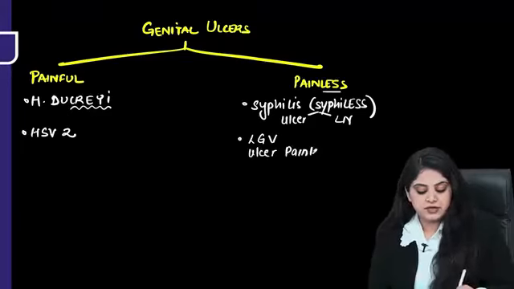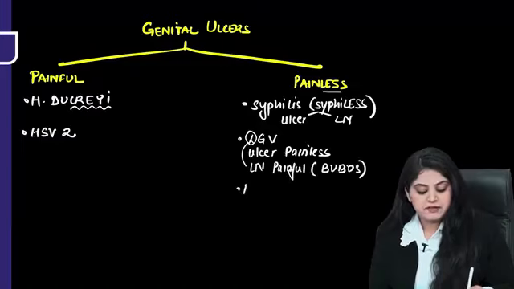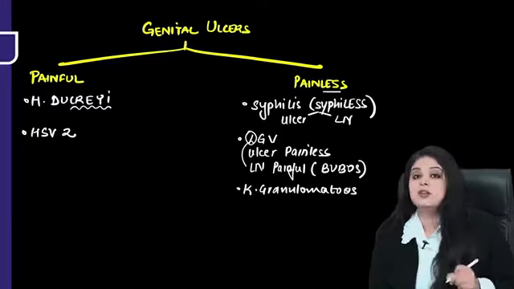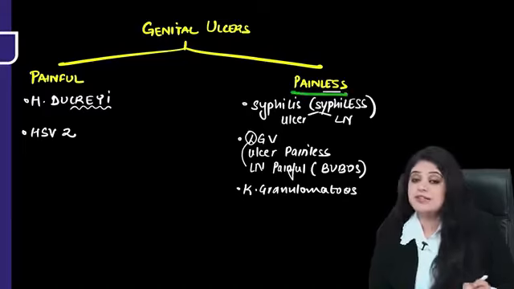That is why I've put it under this category. But L for L, the lymph node is going to be painful. And that painful lymph node was referred to as buboes. Finally, we have Klebsiella granulomatis, which causes donovanosis. So, Klebsiella granulomatis also causes painless genital ulcer.